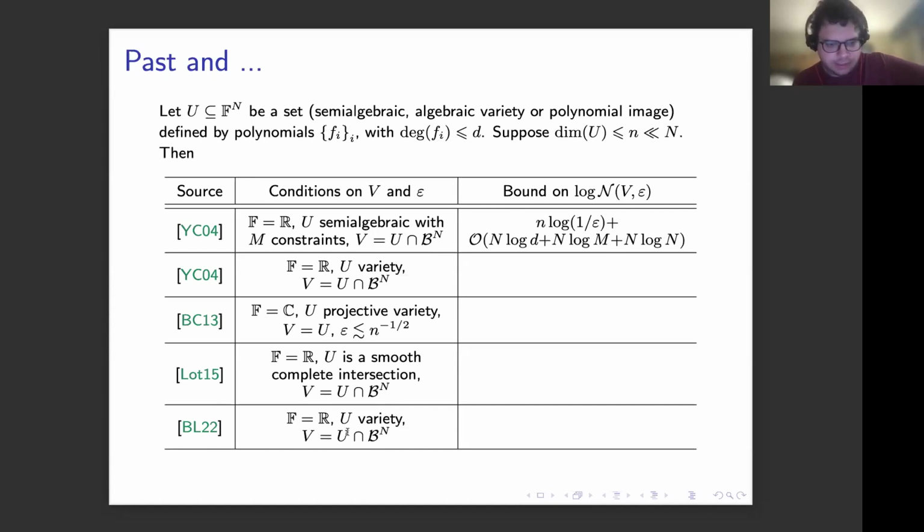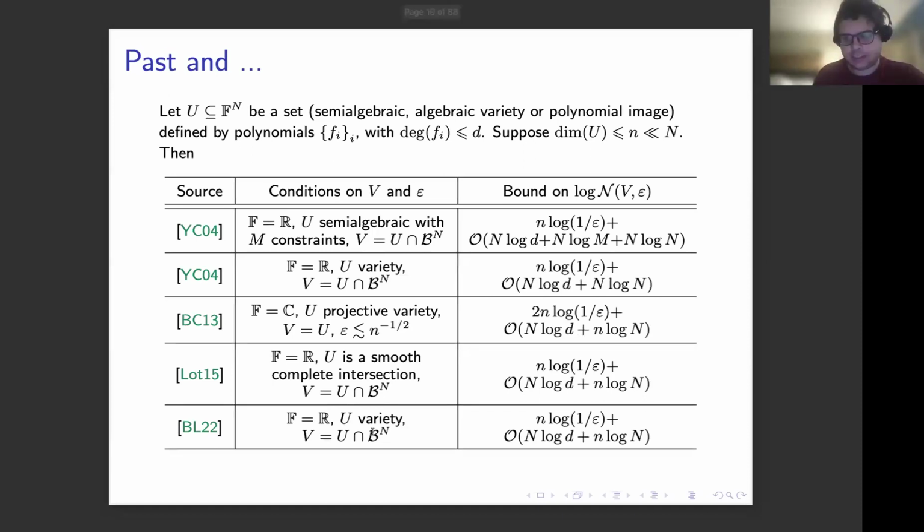And finally, Basu and Lerario have a result for general real algebraic varieties. Okay, and these are the various results. You're always seeing intrinsic real dimension times log 1 over epsilon with correction terms.